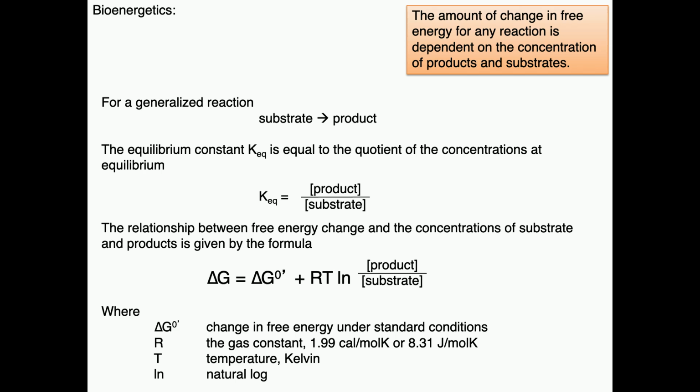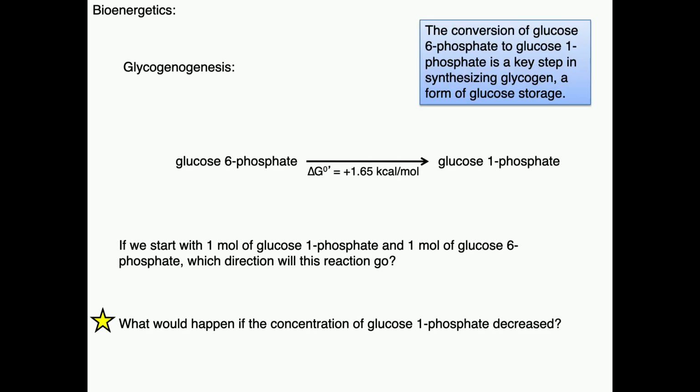So the equilibrium constant is, if we went back to this situation, if we had equal concentrations of glucose 1-phosphate and glucose 6-phosphate in the test tube, and we let nature happen, what is going to be the final concentration of glucose 6-phosphate and glucose 1-phosphate? Right, when all the reaction has happened and there's no more energy change.